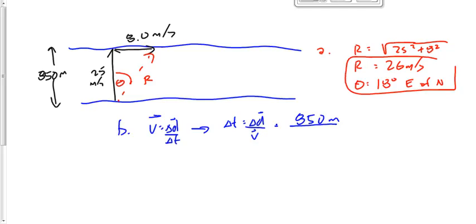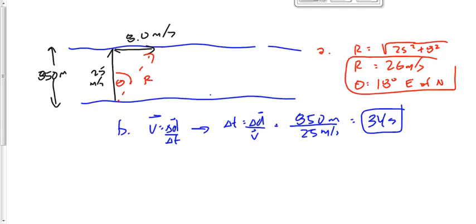I got to use the 25. Good. I'm welcome to use the 26, the unrounded version of the 26 meters per second, but if I do that, then I have to use the displacement diagonally across the river as well. And I don't know what that is. We could find it using the triangle that we have here, but I would suggest that just using these 2 numbers is probably the easiest. Do the math there, works out to be exactly 34 seconds.